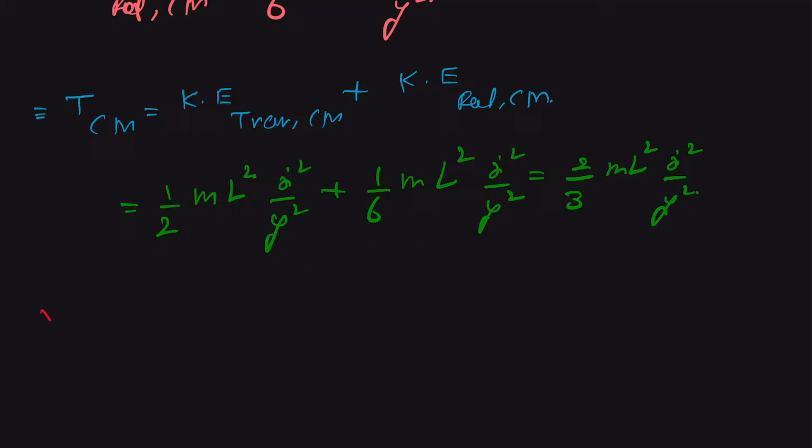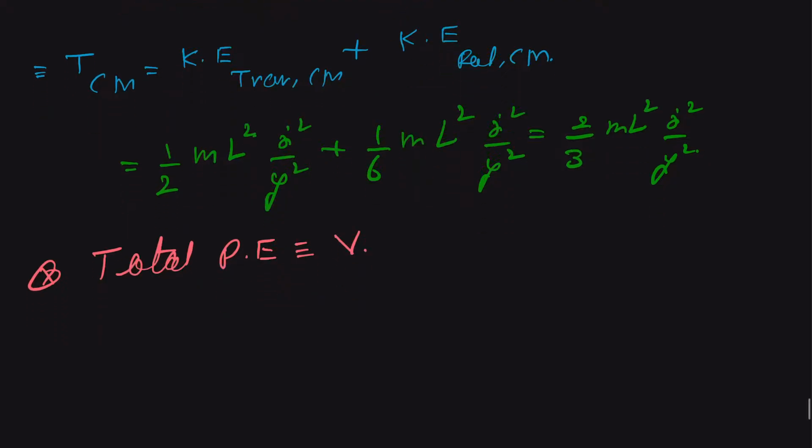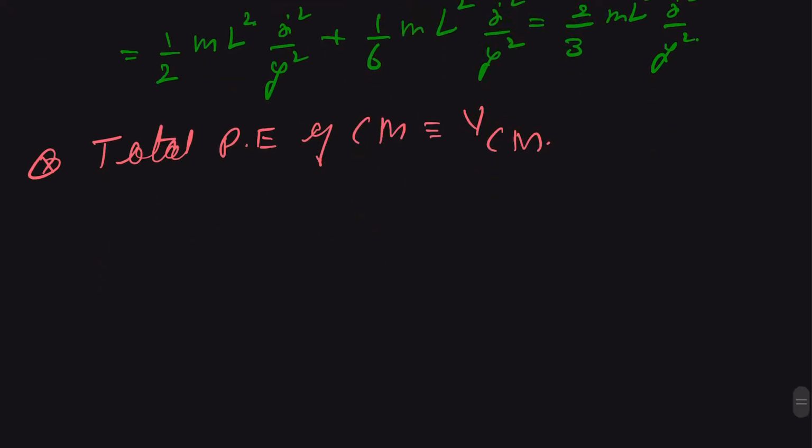So we can say the total potential energy, and let us call that V. Because everything is with respect to the center of mass, we are going to find the total potential energy of the center of mass, and we are going to call this V center of mass.